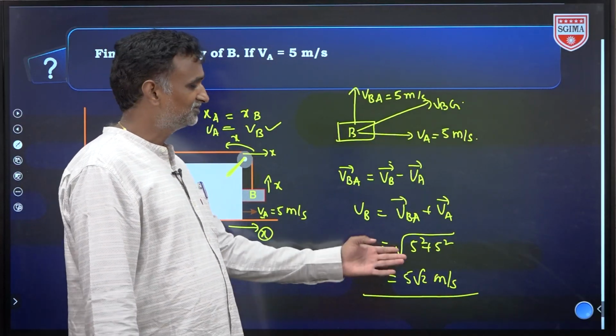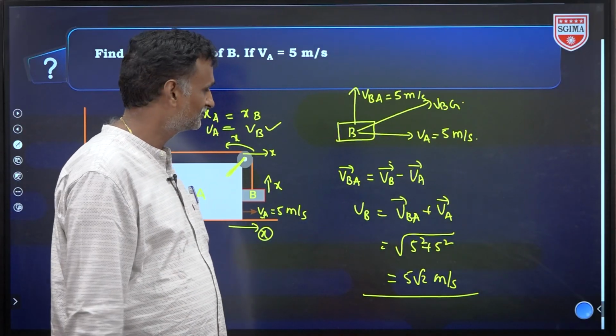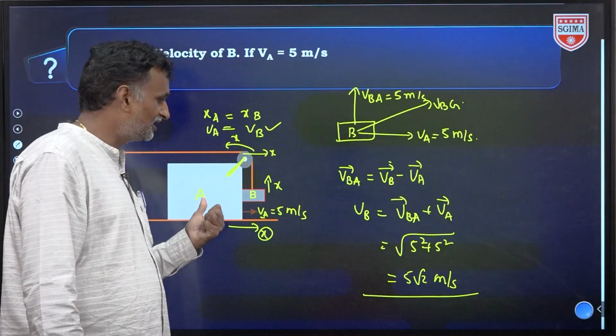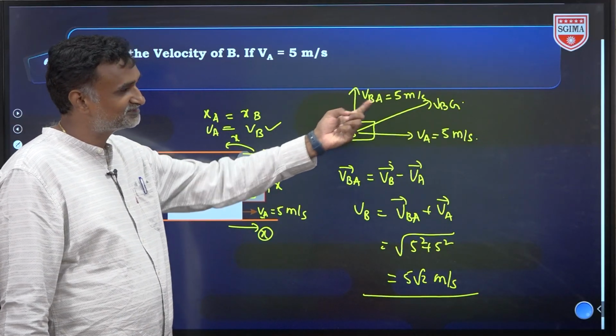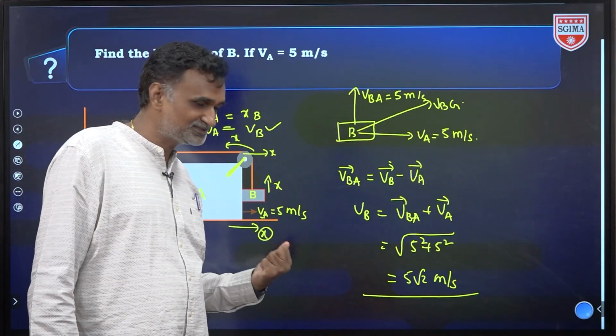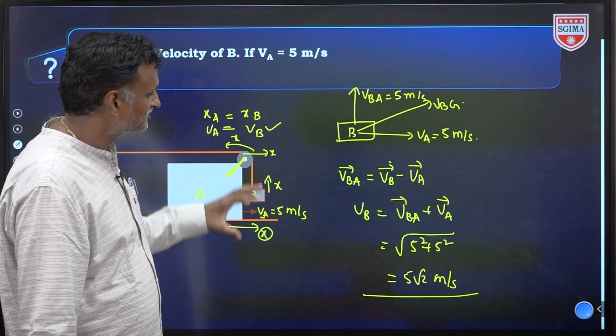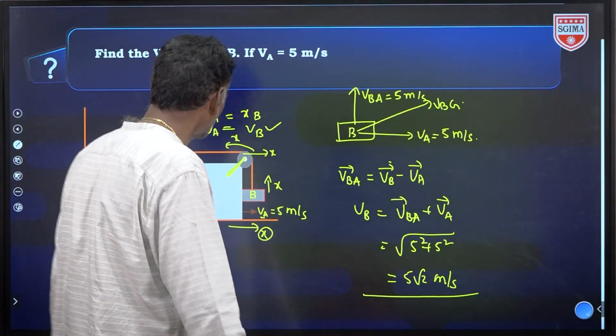Okay, so this is the answer for VB with respect to ground. Here two velocities are there. One is with respect to block A, that is VBA, 5 meter per second. The same block's velocity asked with respect to ground, we get 5 root 2 meter per second. Okay? So this is the way we need to solve this model question.